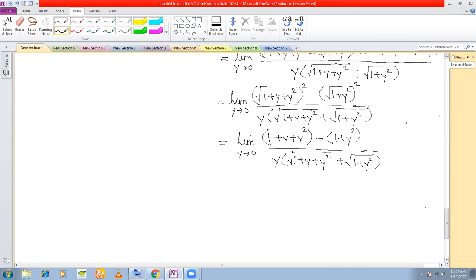Open the brackets in the numerator and write the denominator as it is.